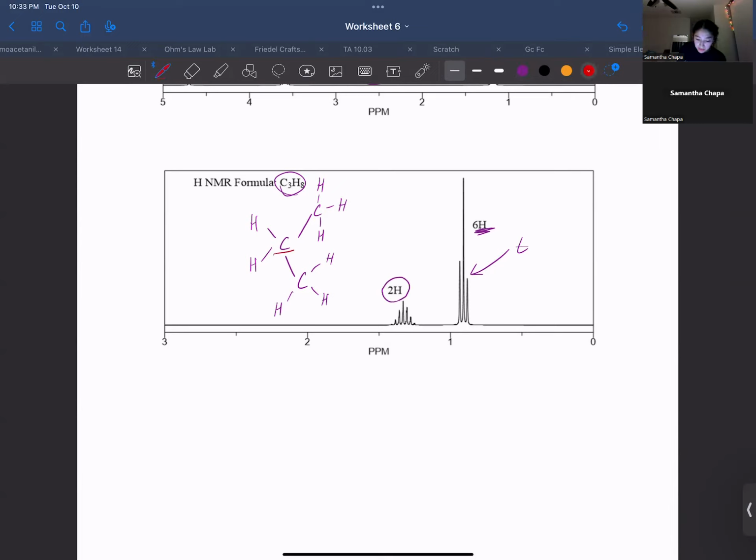So we're obviously talking about this right here. And it has a splitting pattern of 1, 2, 3, 4, 5, 6, 7. So it's a septet, which is perfect because we have a total of 1, 2, 3, 4, 5, 6 hydrogen neighbors, meaning that carbon that we're talking about is a septet. So you just proved it all.